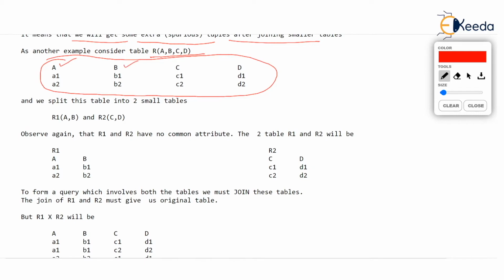Imagine right now A1, B1, C1, D1 and A2, B2, C2, D2, and we decide that this table is going to be decomposed. That's the word. Decomposed into R1 AB and R2 CD.